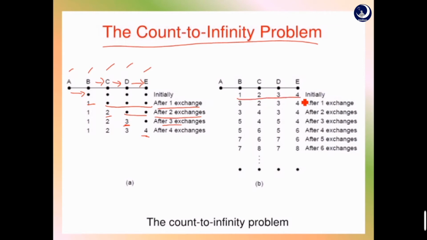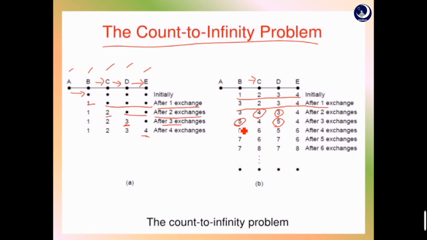Now as B doesn't know A went down, B sends the data to C. After the first exchange the values will be 3, 2, 3, 4. Now C's value becomes 4 at the third exchange. D may be confused as 4 is greater than 3, so it will continue to update to 5. And B also updates its value to 5.